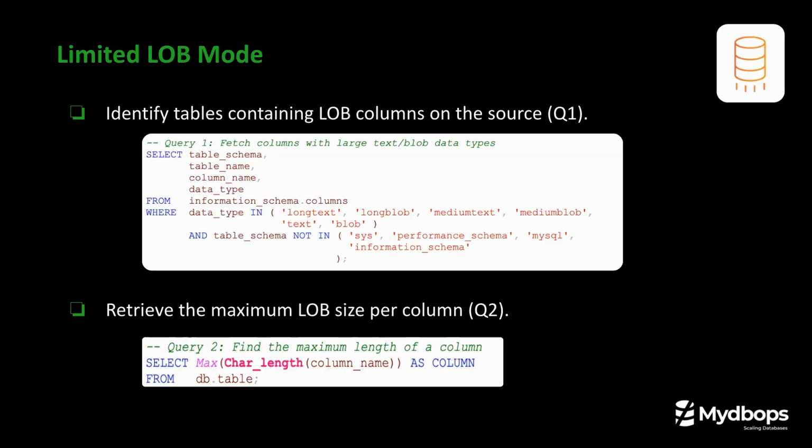We can use query one. This query lists all the tables, column names and their data types. Once we have that, next we can retrieve the maximum size of each LOB column data type using query two. This tells us the target LOB value in each column.